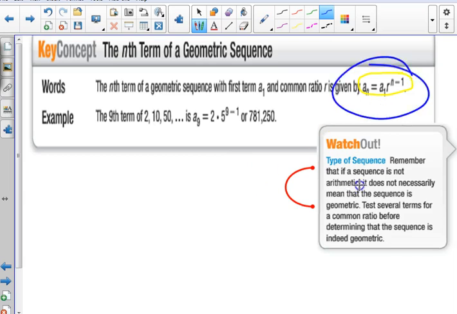So that was here. We already did this. One little reminder here. It says, watch out. Remember, not all sequences are arithmetic or geometric. So if I put this sequence on the quiz, it just says, and all I would ask you is like, find the next 3 terms, okay?